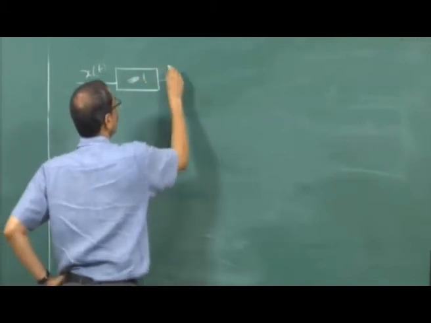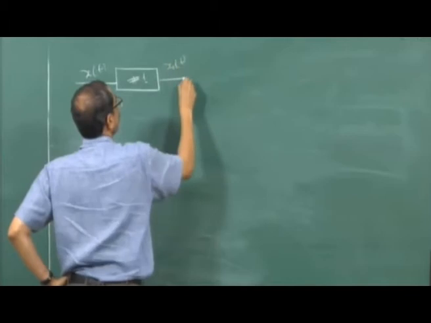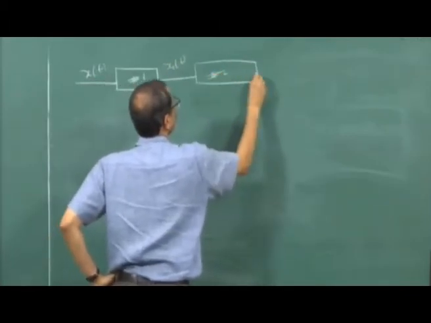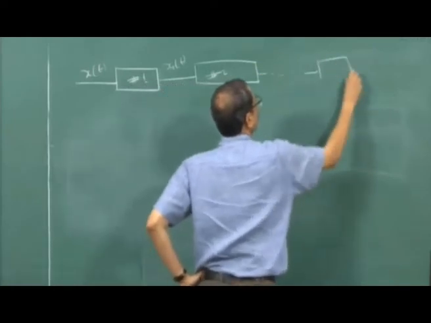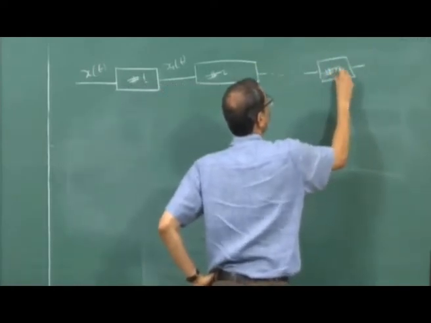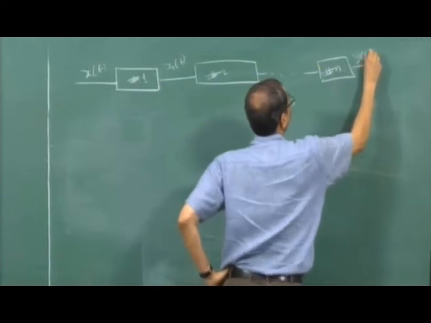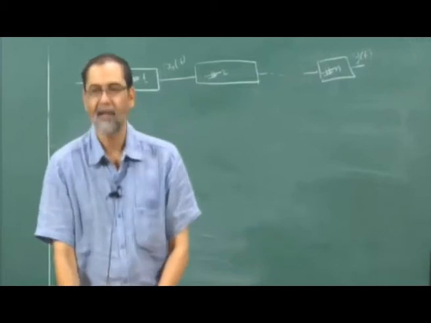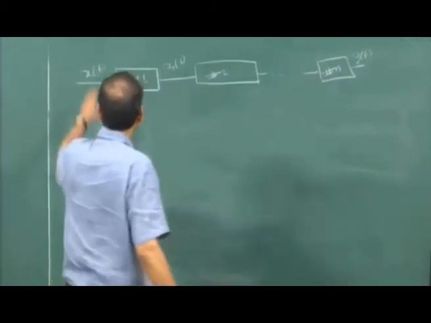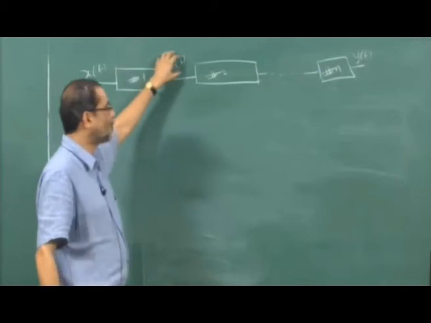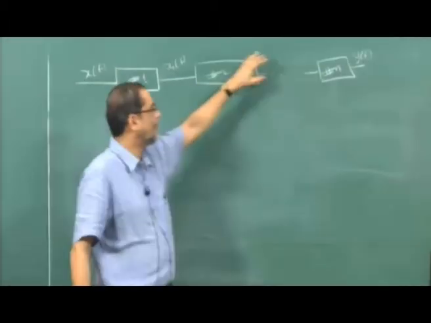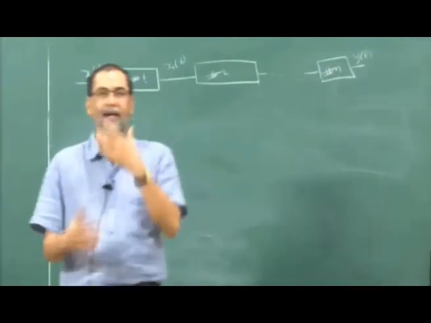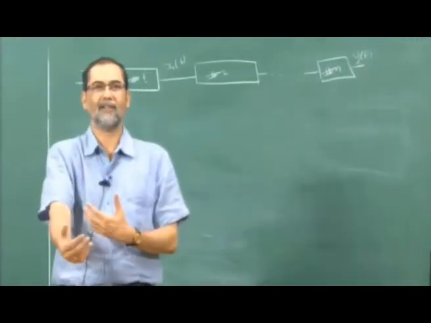Its output, let's say, x1 of t, goes to another system, let me call it h2, and so on, and hn, then the output is y of t. Any practical system is complex. The input goes through the first system, the output of that goes to the second system, and so on. Finally, I'll get one output. This is what is called the tandem connection, one after the other.